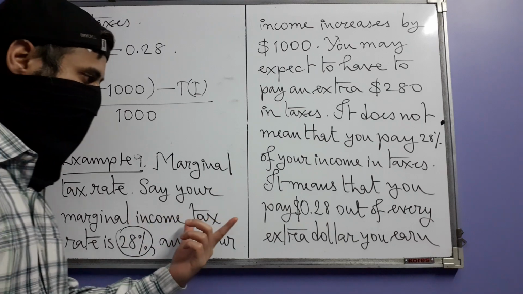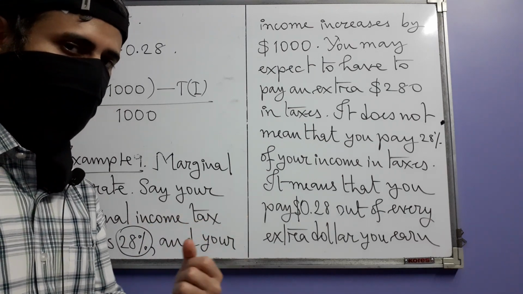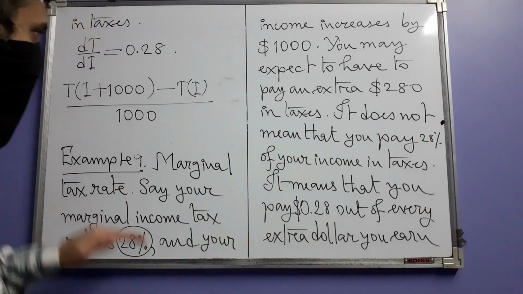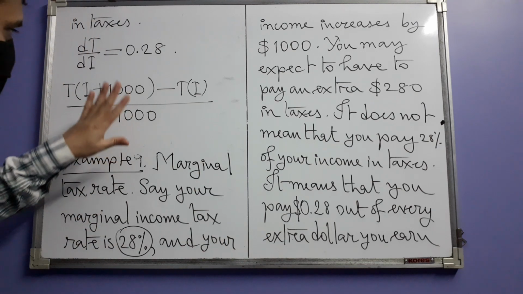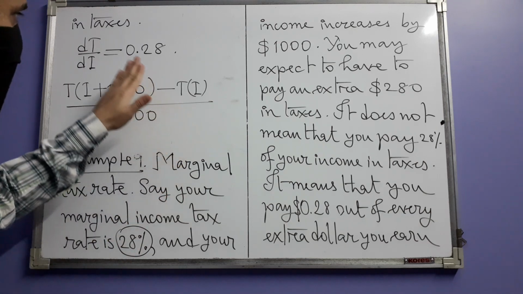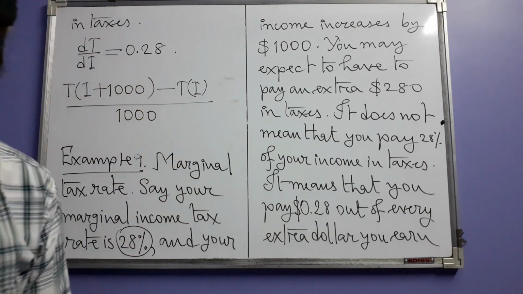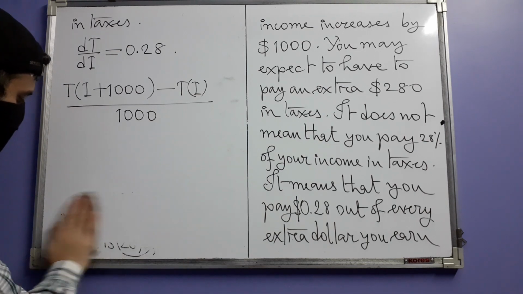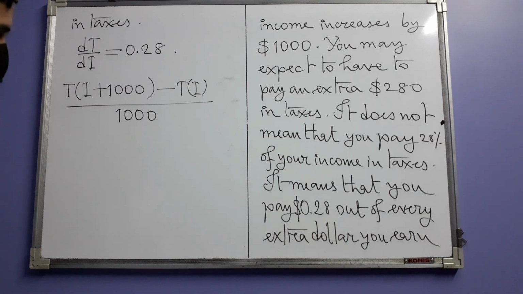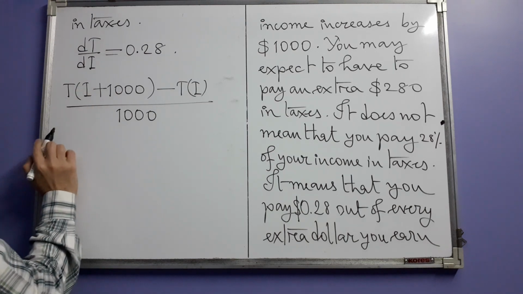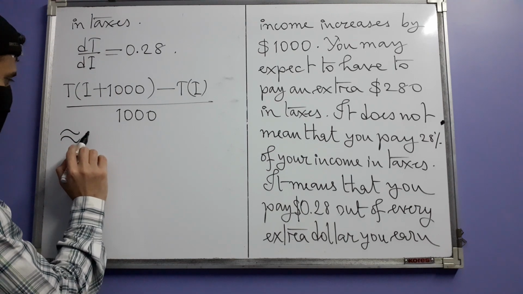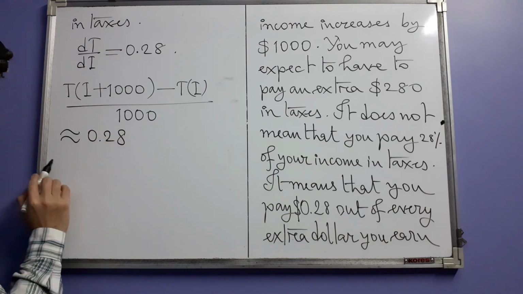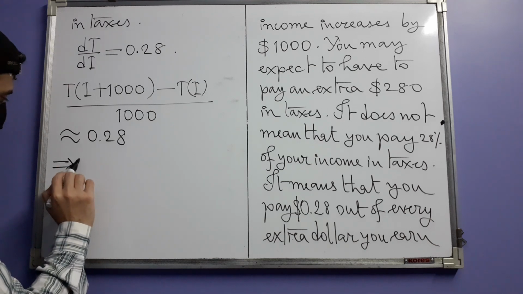Just like how we loosely define marginal cost as the cost of producing one more unit, this quantity, which itself is not a derivative, approximately equals dT/dI. That means this is this. So what does it mean ultimately?